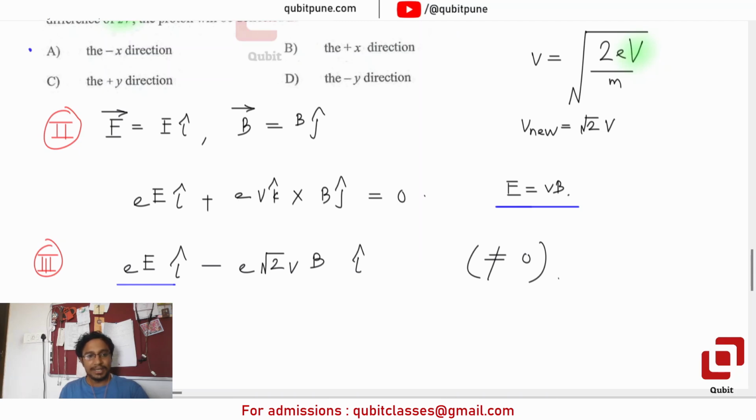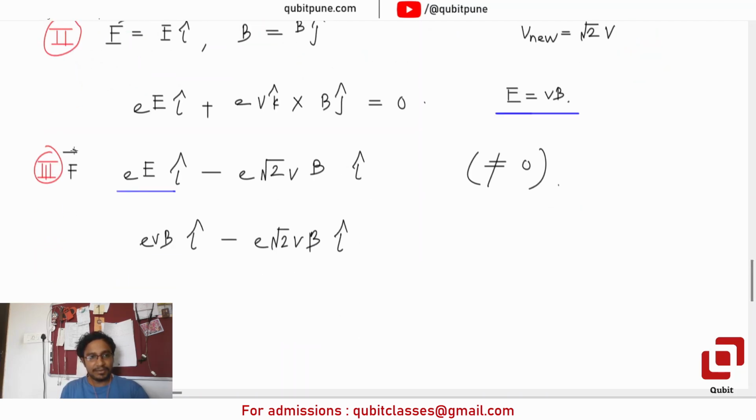So what I can say is evB i cap minus e root 2 vB i cap. That's the net force in this case, because that initial one was already balanced. Now it boils down to the fact that F net will be root 2 minus 1, a positive quantity, evB with negative i cap.